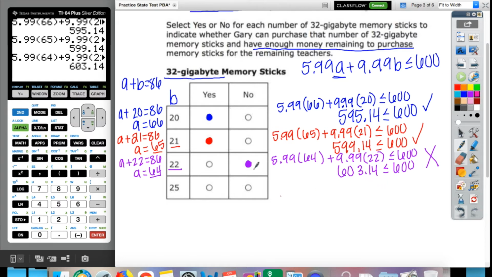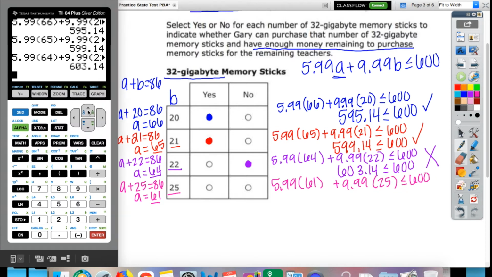So let's try 25. So I need to find my A value. So I'm going to subtract that 25 out, which will give me 61. And then I can plug in 61 and 25. See if that's less than or equal to 600.